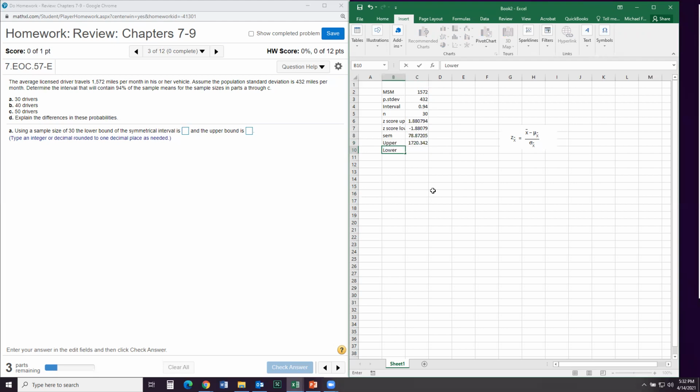My lower, all I'm going to do is take my z-score of the lower times the standard error of the mean plus mean of the sample means. It says do 1 decimal.